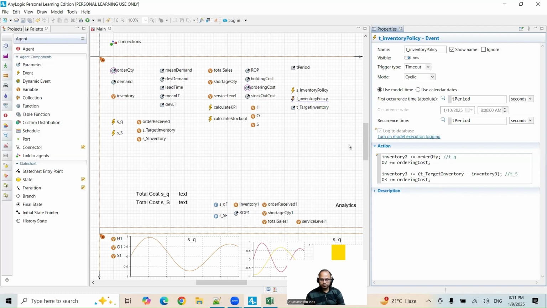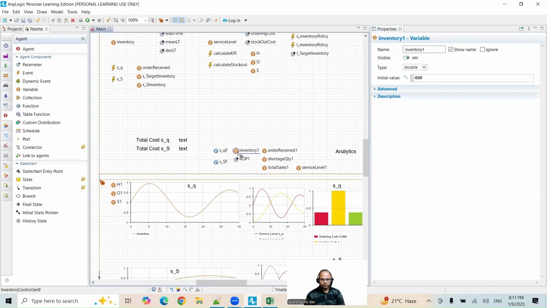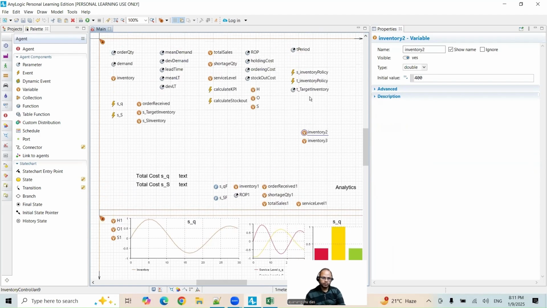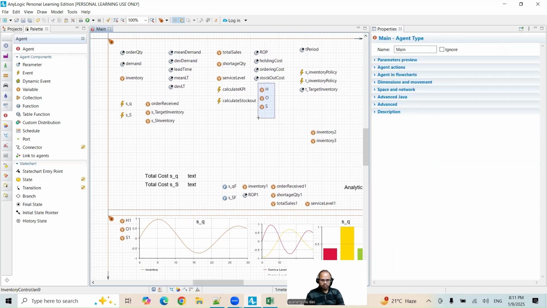Now, since we have defined this, we will have two more inventories. So inventory 1 will have two more inventories, inventory 2 and inventory 3. Inventory 2 is for TQ and inventory 3 is for TS. We'll calculate the holding costs.